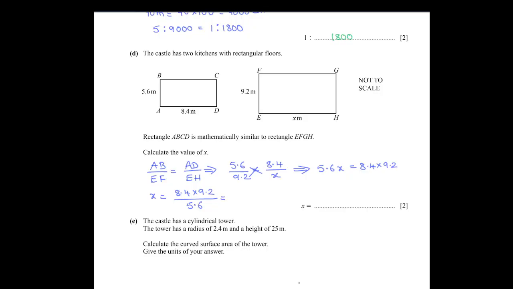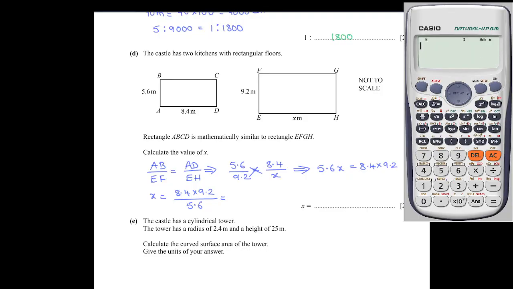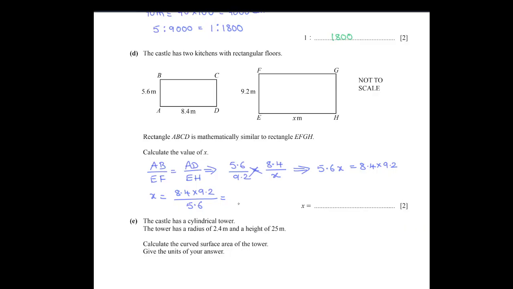Find out. 8.4 into 9.2 by 5.6 is 13.8. x is this much. So what is the answer? 13.8. Question number D is done.